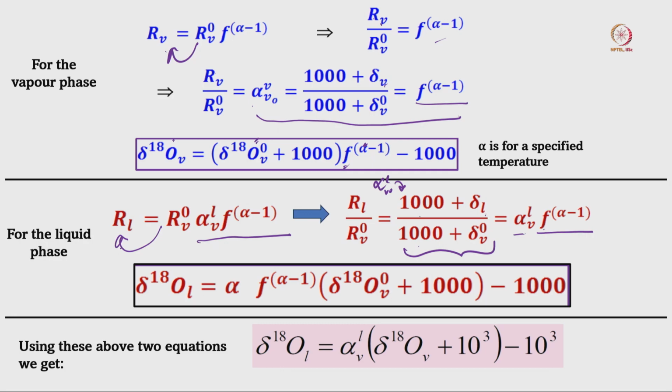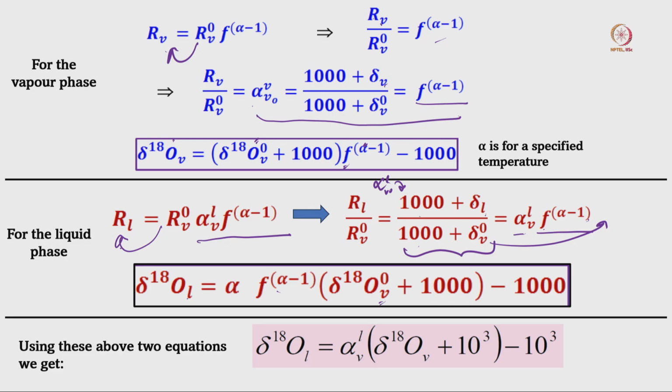So, if I am going to measure the delta 18O of the liquid, then the delta 18O of the liquid is equal to alpha into f to the power alpha minus 1 multiplied by this entire term, because this is now going to go to the numerator. So, delta 18O of the initial vapor plus 1000, and this whole term minus 1000. Okay, this is what we get from the liquid phase.